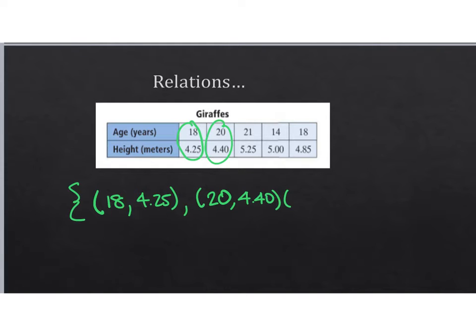My third data set would be 21 and 5.25. Then I would have 14 and 5, and finally I would have 18 and 4.85. And I'm going to put my bracket here at the end, and I can see that I have a set of 1, 2, 3, 4, 5 data points.